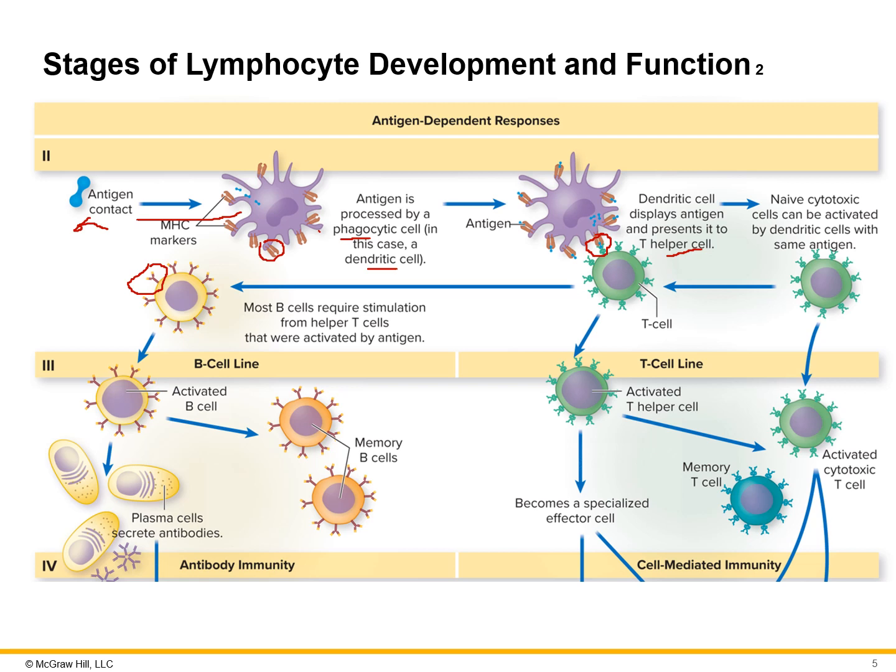So if that T cell gets activated, depending on what type of antigen it is, if it's something from a bacteria, then a helper T cell is going to come along and confirm with that B cell that there is an invader present.